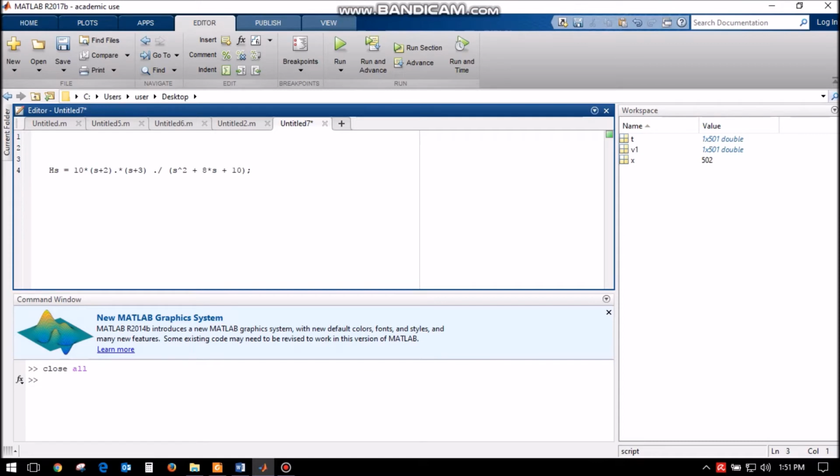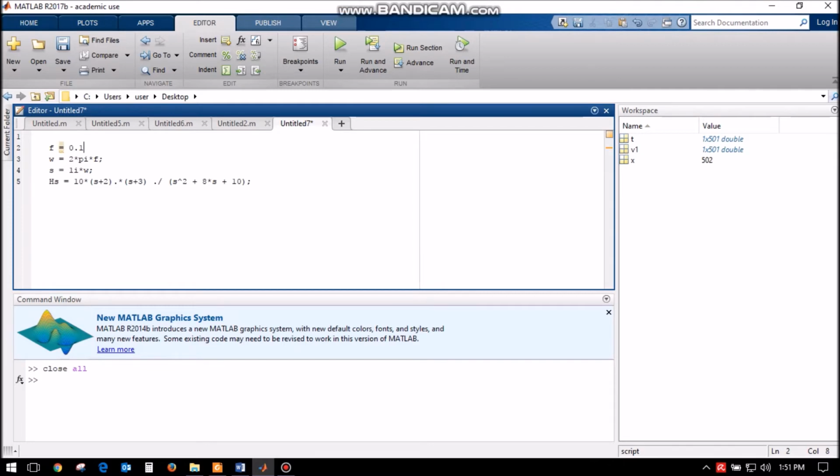So S is j times omega, but you don't use j in Matlab, you use 1i. Omega equals 2 times pi times f. It's just the frequency.